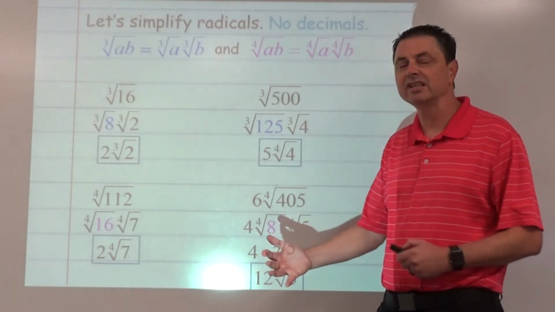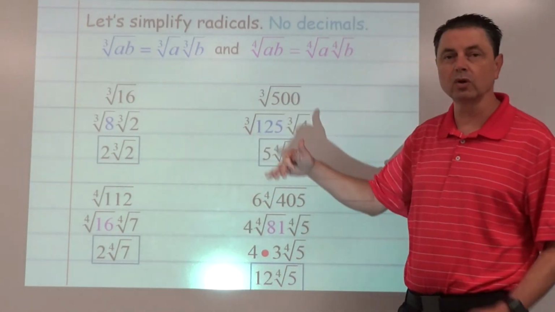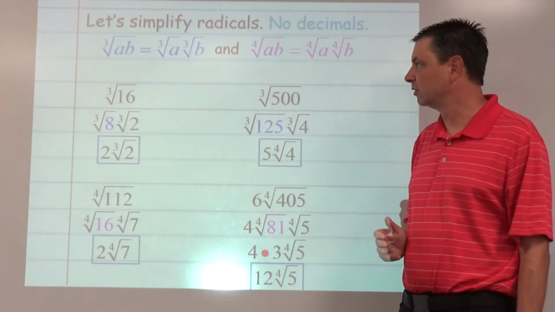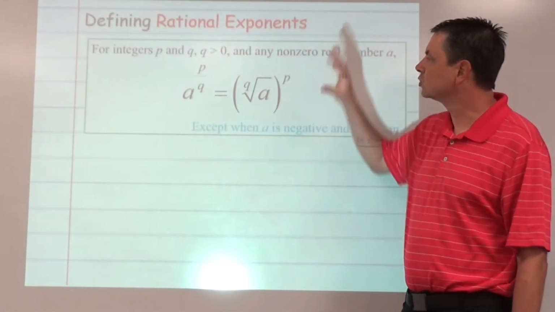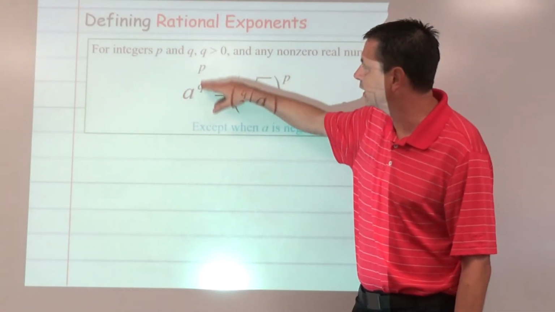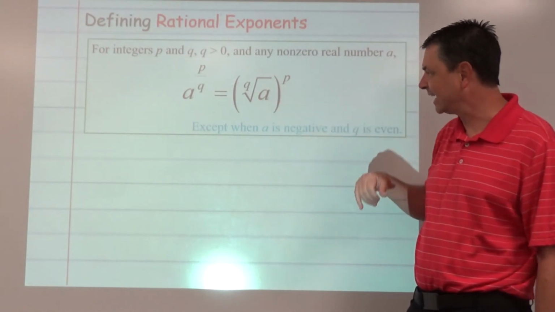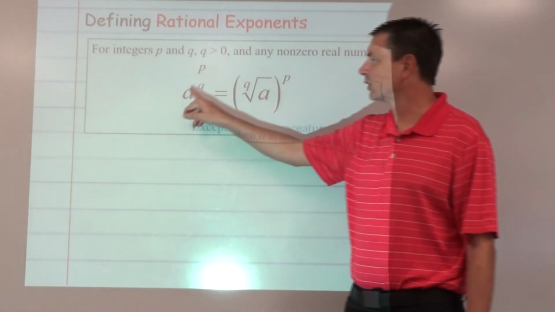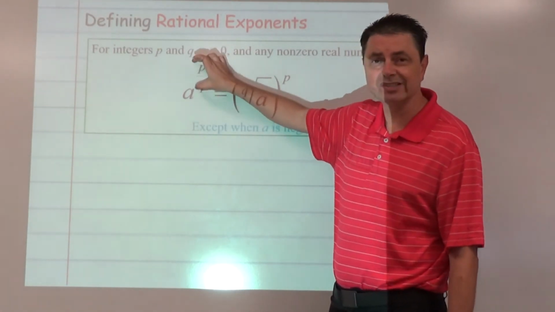So now the last thing we're going to look at is just rewriting between radical form and rational exponent form, which means just the exponent is a fraction. So here's the way that it works. If we're talking about integers p and q, q's got to be greater than 0, a can't be 0. So we're raising a variable, a number, to a power that's a fraction.